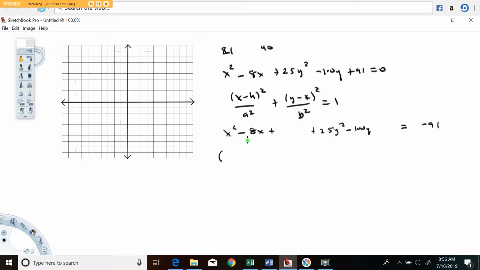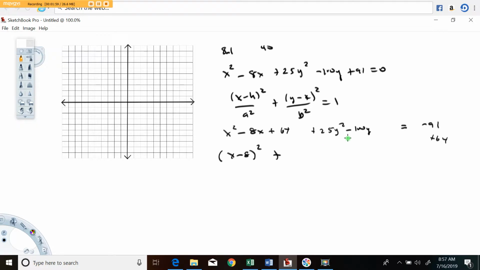Take half of 8, which is 4, square it, which is 16, and add it to both sides. So plus 16 on the left and plus 16 on the right. This is now x minus 4, the quantity squared.